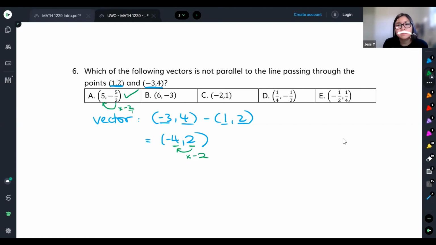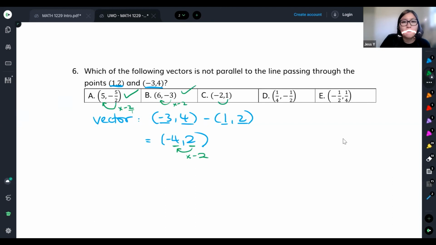So this one is going to be parallel. Do the same for the other ones. Take the second number, multiply by -2, see if you end up with the first number. If you do, that means that they are parallel. So if you take the -3, multiply by -2, oh, that does give me 6, so this one's good.